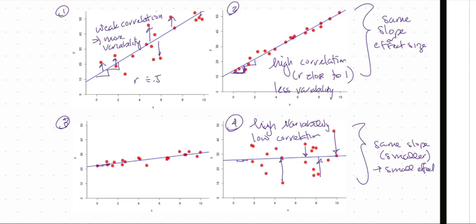In plot 3, there is a high correlation. And in fact, this correlation is pretty close to 1, just like we saw in plot 2. These correlations are both in the high 0.9s. And in plot 4, just like in plot 1, these correlations are around 0.5 or even lower.